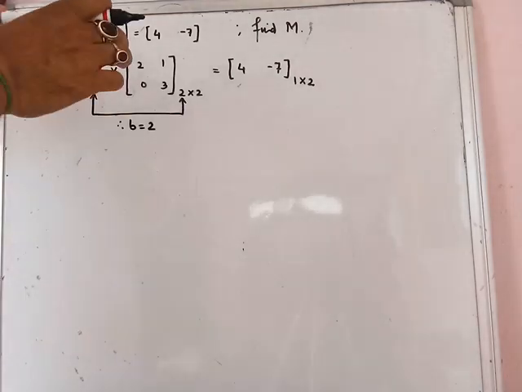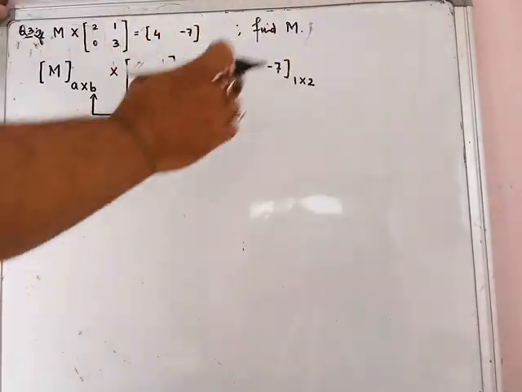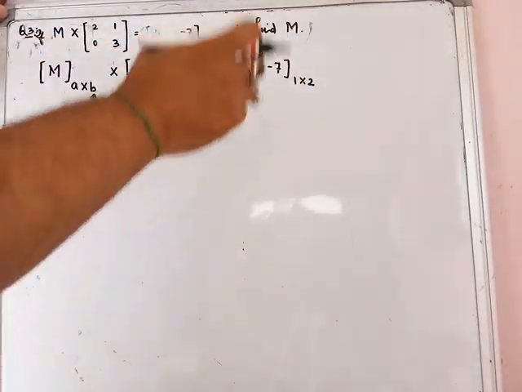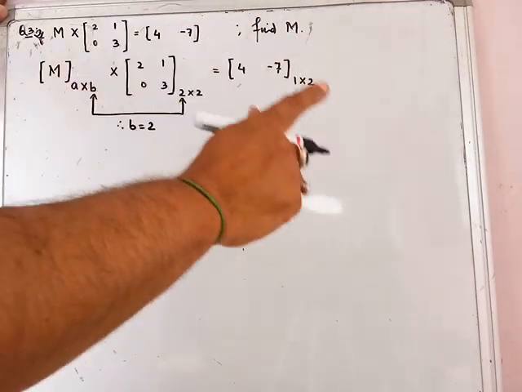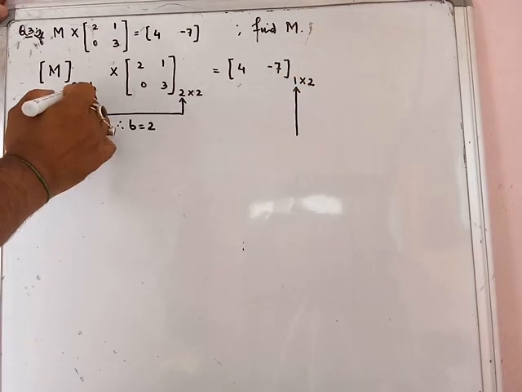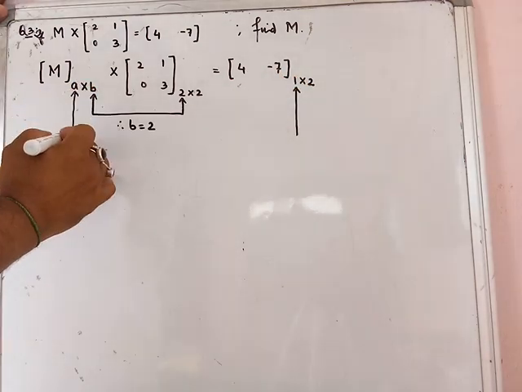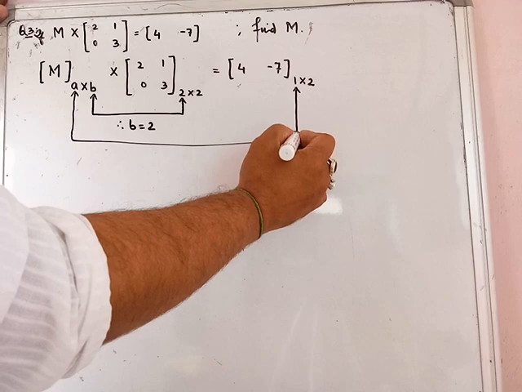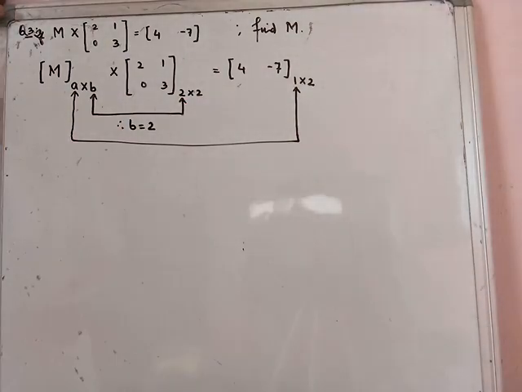Okay. Now, once this matrix multiplication was possible, it gave you another matrix. That matrix selects its number of rows from the number of rows of the first matrix, if you remember the rule. This rule we have already discussed.